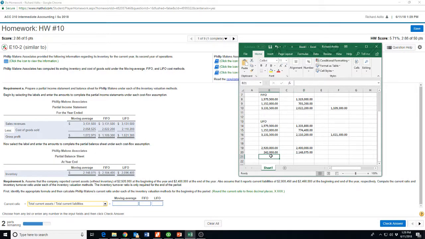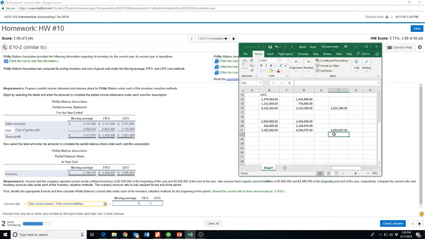So this should give us our beginning and ending total current assets. If we add these together and divide by 2, let's get some parentheses going so we get the order of operations correct. That's average current assets.